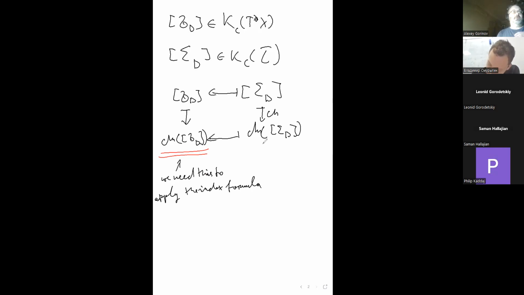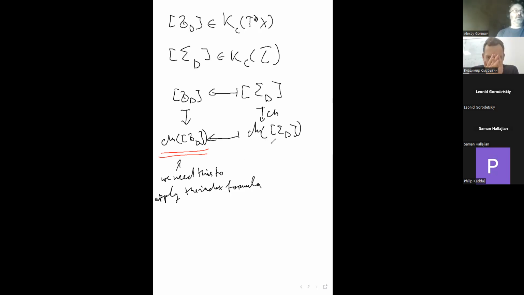Okay, so the first trick is we can do the computation in the universal example, meaning in the K theory of T with compact support, and then pull everything back.